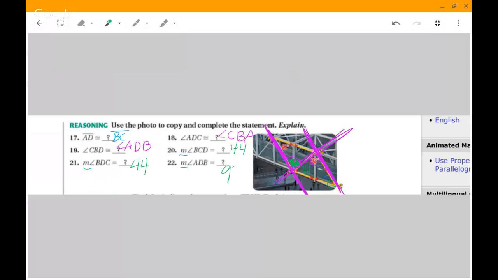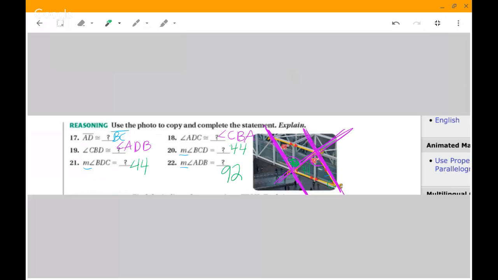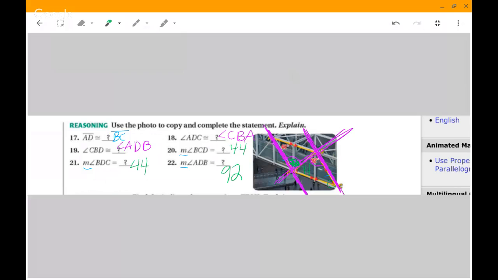Because alternate interior. Yeah. I don't know why what I was showing you doesn't work, because they should be consecutive interior, supplementary. That's weird. That's gonna bother me. I'm gonna ask Miss Stone about that one tomorrow, because they may have made a misprint in the book.